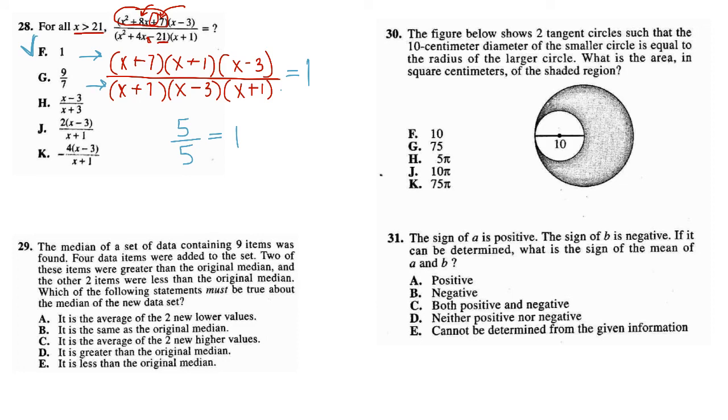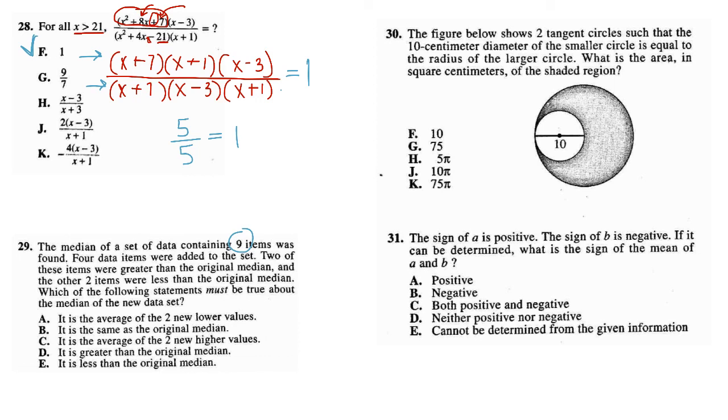Okay, looking at 29. Number 29, I hate problems like this that are so long on a testing process because you only have a minute to get through these problems. A minute per problem, a total of 60 minutes. I would skim through, and you have the median of a set of data containing 9 items.